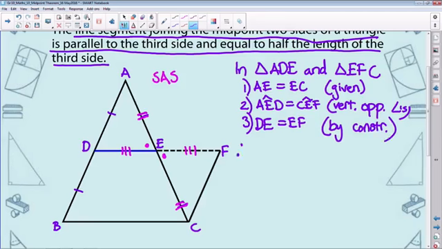And so therefore, triangle ADE is congruent to triangle, and we have to be careful now, A has the same size as C, so that means it's going to be C, then F, then E, so that they are listed with their corresponding sides.